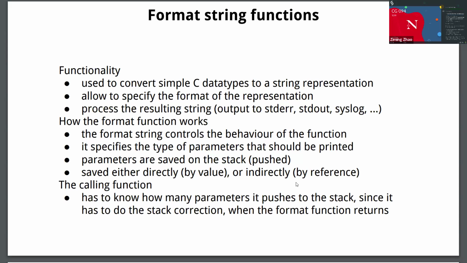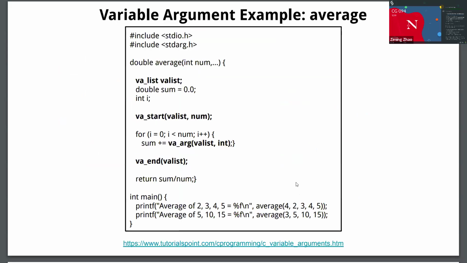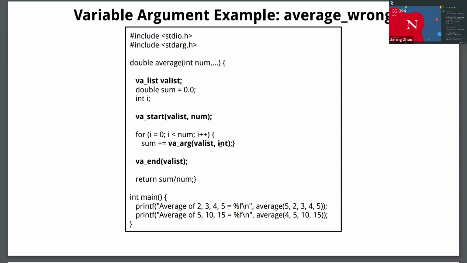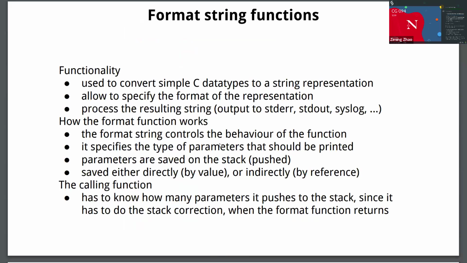Developers can make mistakes. In a format string, you do not only tell how many parameters are there, you also tell the type of each parameter. In the average example, we are not telling the type of each parameter. We just hard-coded everything to be an integer. But in a format string with %d, %x, %s, you're actually telling the type of the parameter.